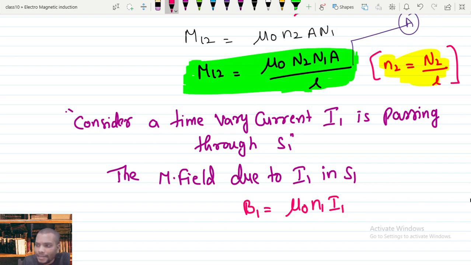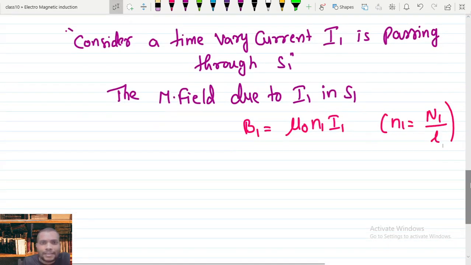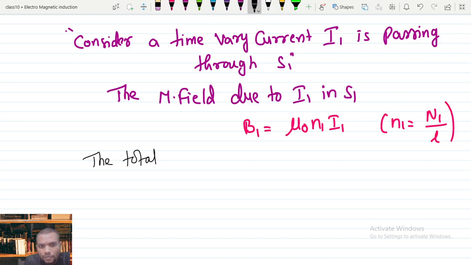Again, here you can write that as n1 equal to number of turns per unit length, capital N1 upon L. So that I will write it later. Now because of this magnetic field, the total flux is now linked with S2.